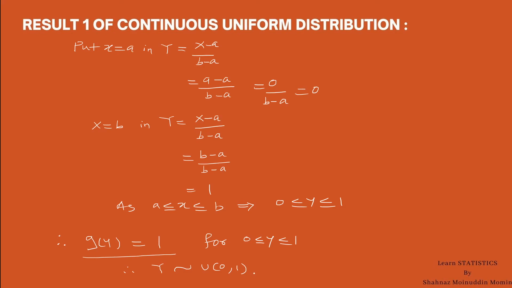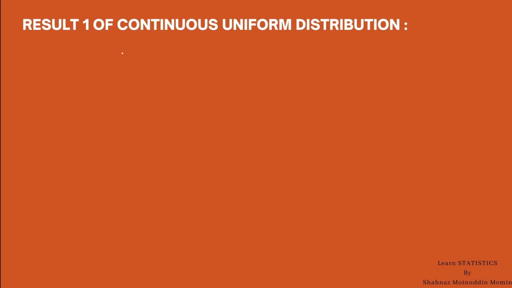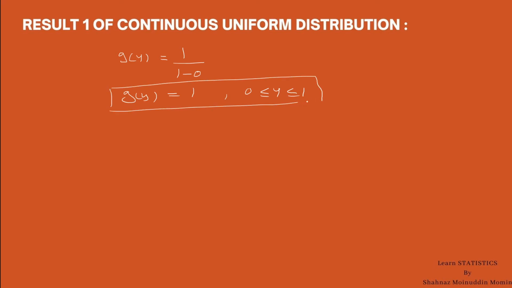How is it uniform? Suppose y is uniform 0, 1, let us write the PDF of y. According to the PDF of x, it is 1 upon (b minus a). Here b is 1 and a is 0. So it is 1 for 0 less than or equal to y less than or equal to 1. Hence, y follows uniform 0, 1.